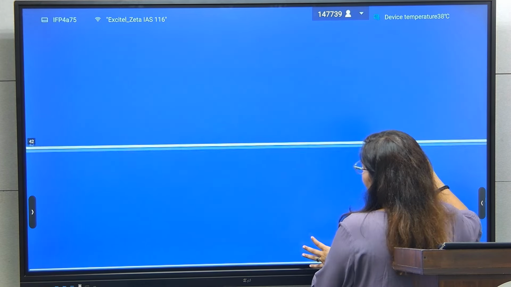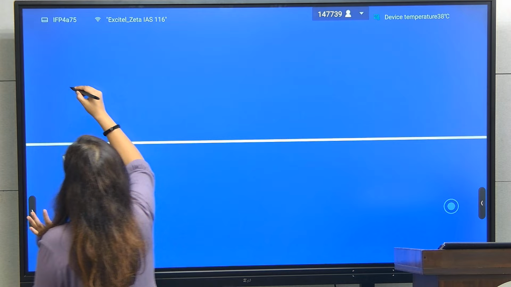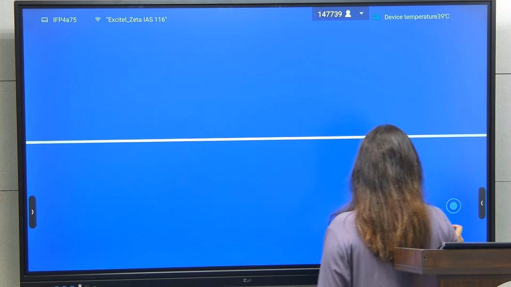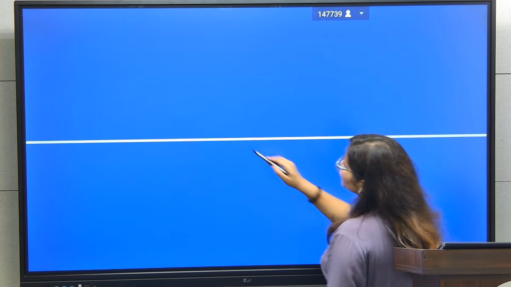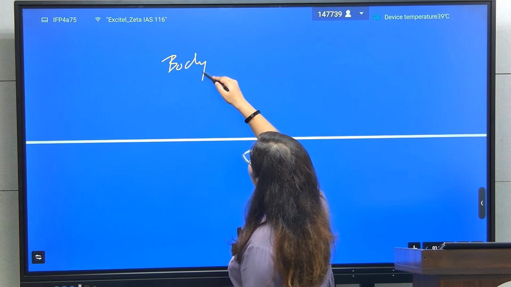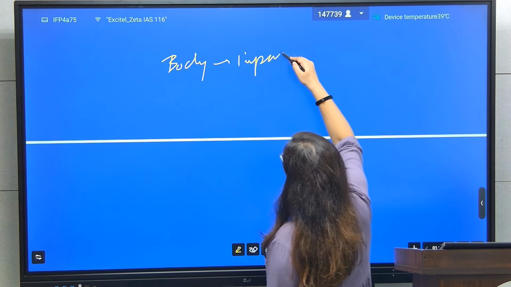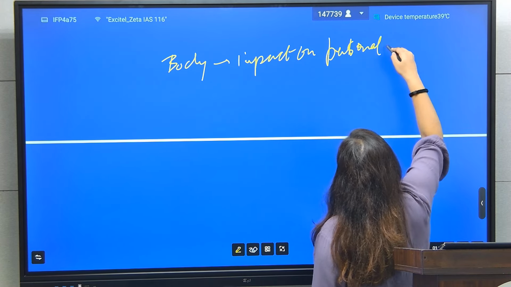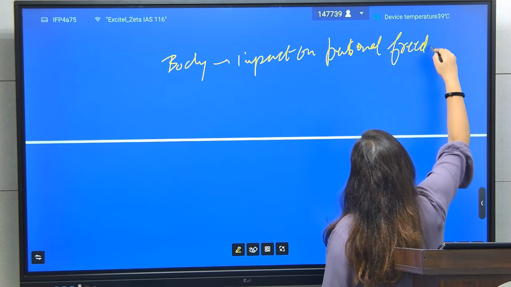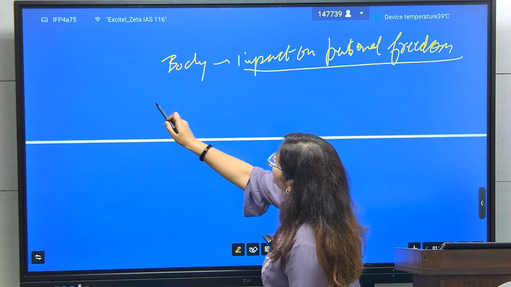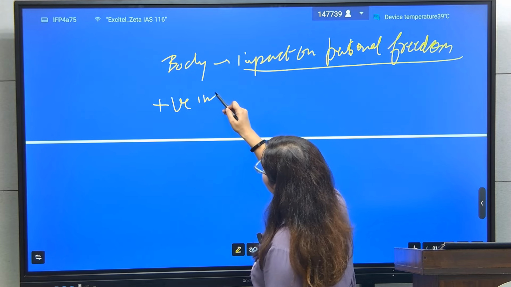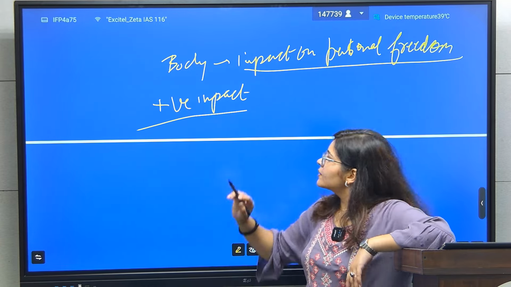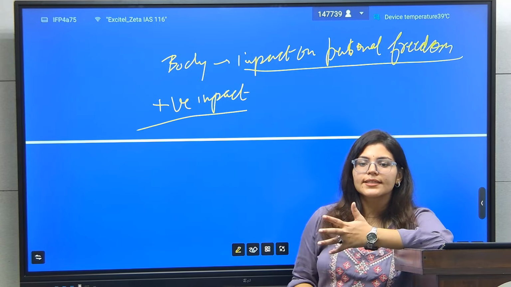Now the second part after the introduction. In the body part, first is impact on personal freedom. So what are the impacts? First, write the positive impact. Due to this urban migration of women, what are the positive impacts on personal freedom?